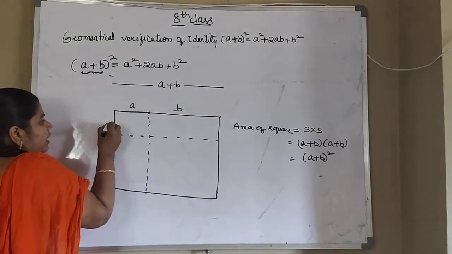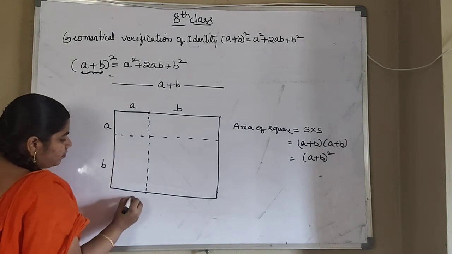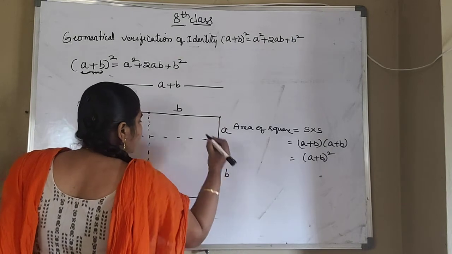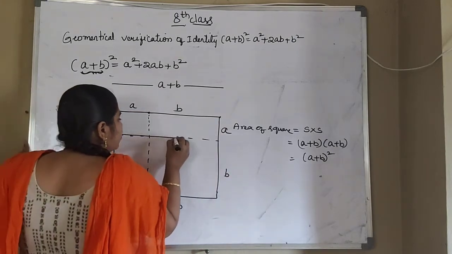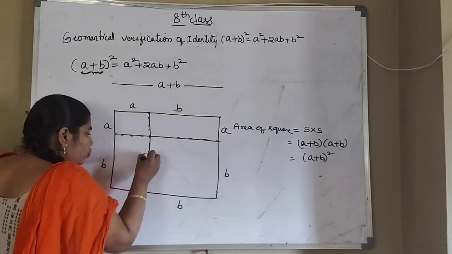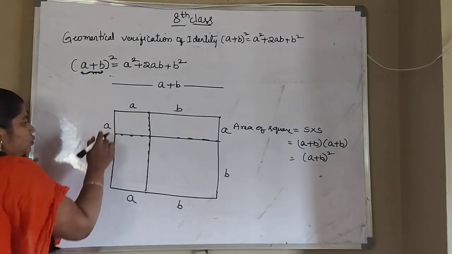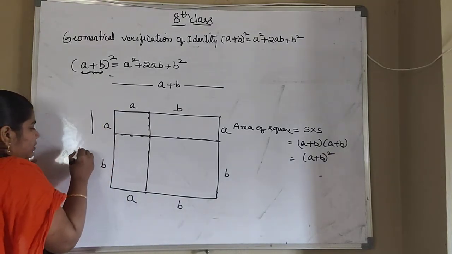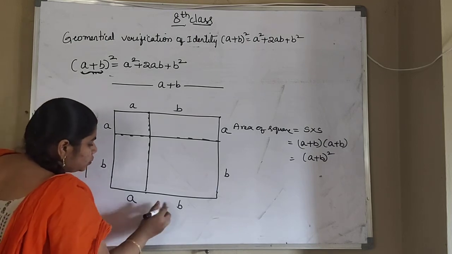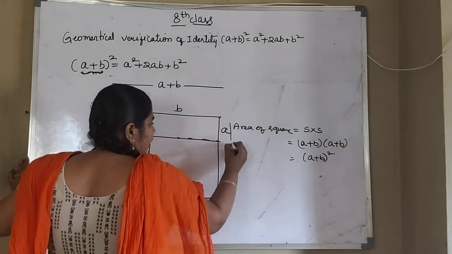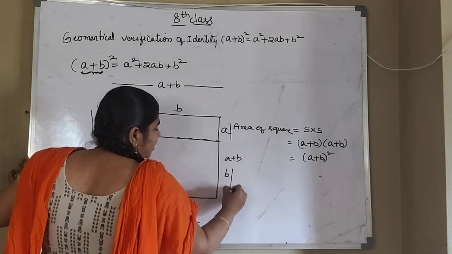So a, b, a, b, a, b. This square has been converted into 4 parts. If you add these two again, you will get an a plus b line segment, and likewise for the others.